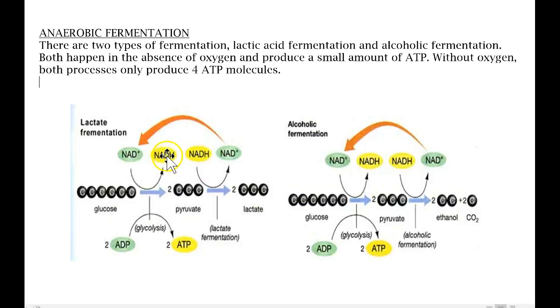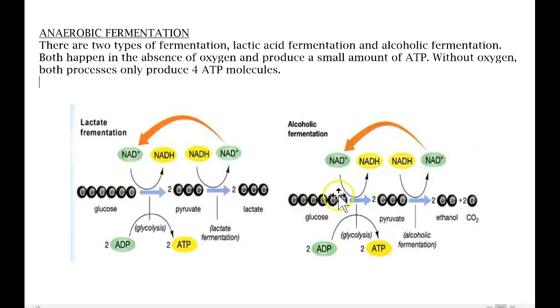So the NADH is going to be used as the energy source to break down this pyruvate into lactic acid, and we will get some ATP from this reaction. As I said, it only produces about 4 ATP.